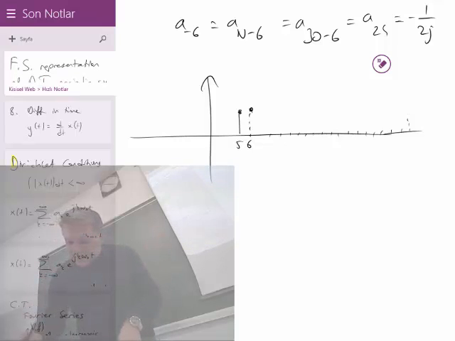It's the negative of the complex thing, so perhaps I should draw it like this: minus 1 over 2j. And then at A25, I have a plus 1 over 2. So this one and this one are the same. This one is the conjugate of this one. This is 1 over 2j, this is minus 1 over 2j. And they happen to be at minus 5 and at minus 6 as well.